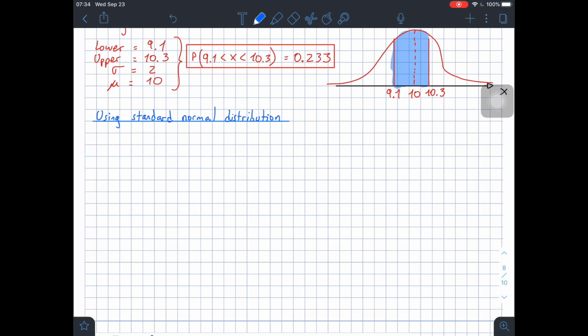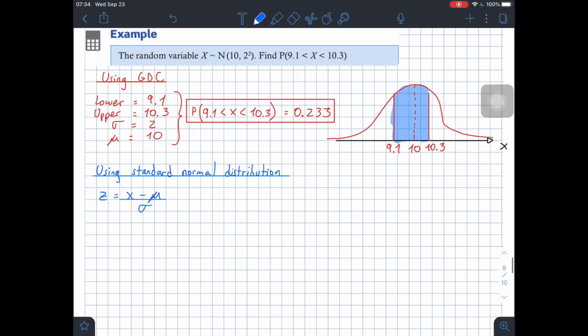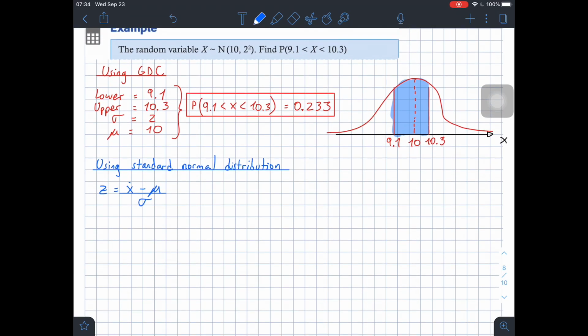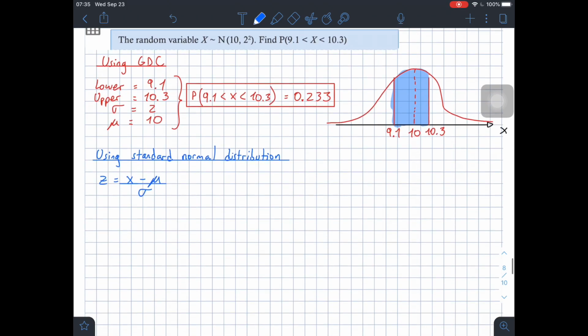Okay, so if we use the standard normal distribution, we need to consider this formula. The Z value is equal to the X value minus mean over standard deviation. In order to convert the X value to the Z value, I need to consider these two boundaries, the lower boundary and the upper boundary. I need to convert each of these boundaries to the equivalent Z values for this situation, okay?